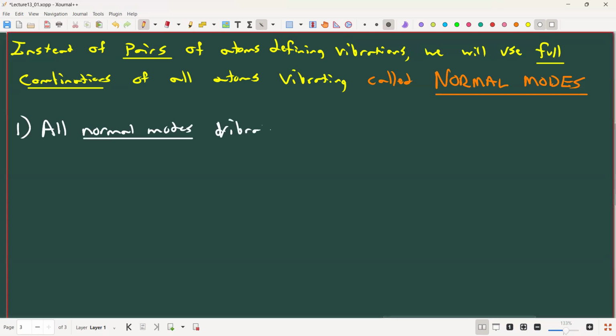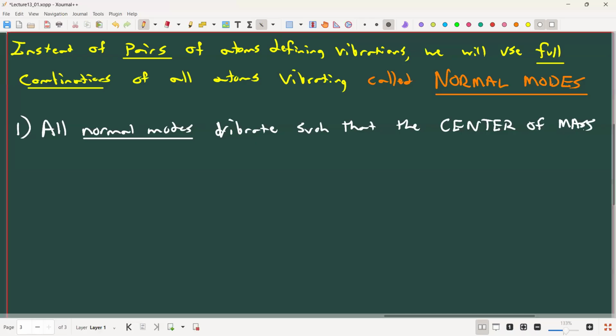They all vibrate such that the center of mass of the molecule is left unchanged.